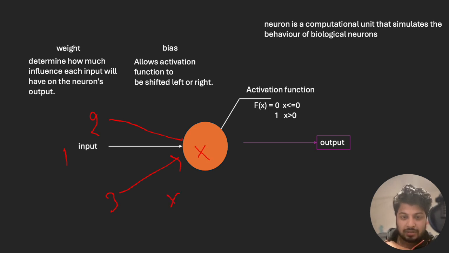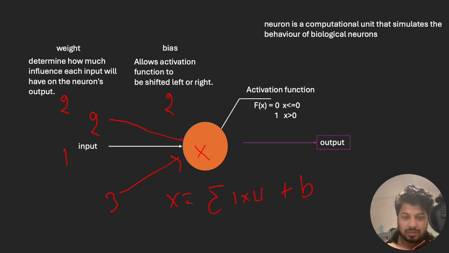So x here would be equal to the summation of all the inputs into all the weights. Let's suppose weight here is 2, and let's suppose bias here is again 2, plus the bias added here. This is how I'm going to calculate it.